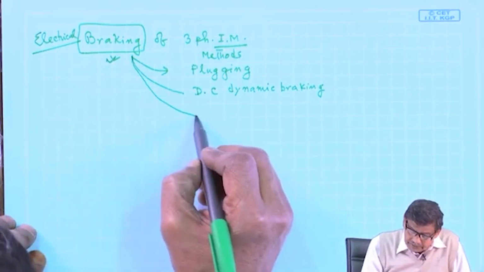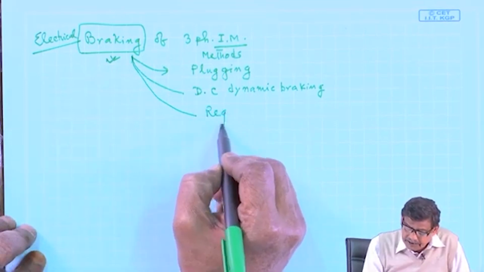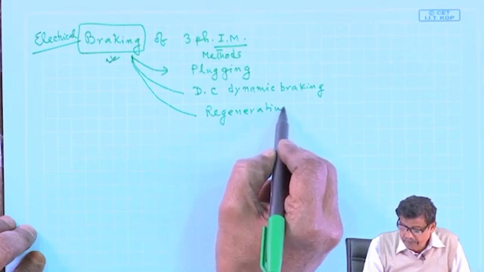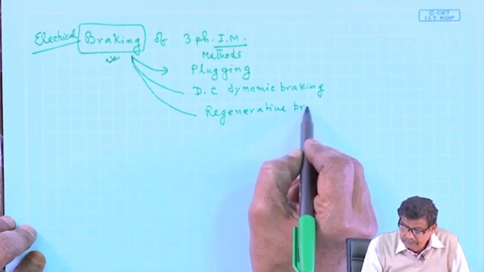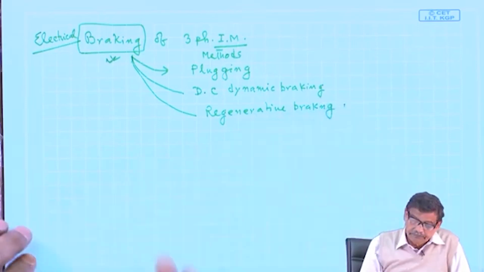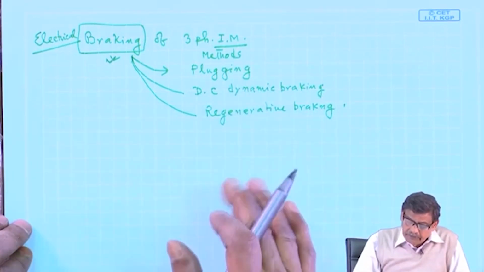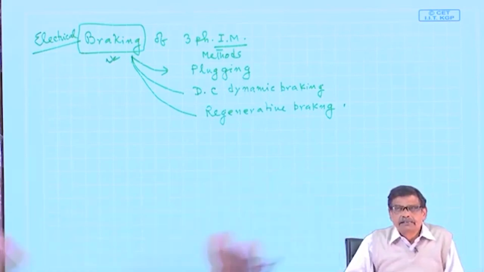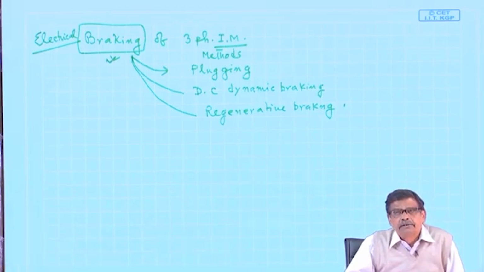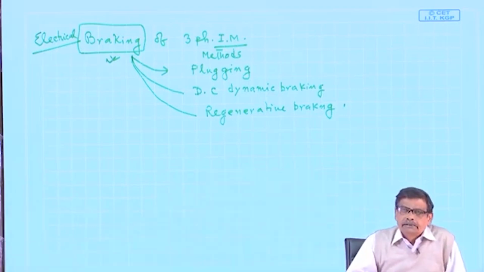And another is called regenerative braking. Okay, these are traditional methods. Nowadays, all the braking can also be done with inverter units.